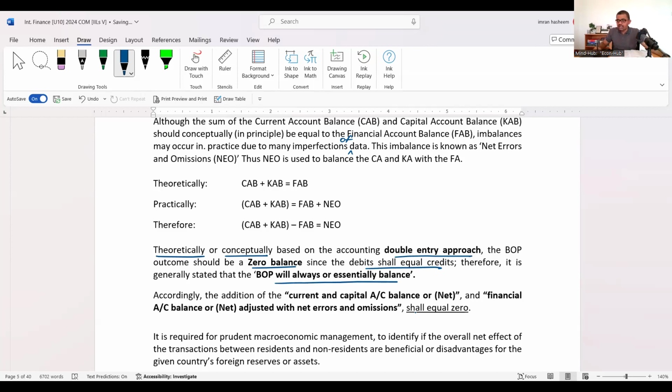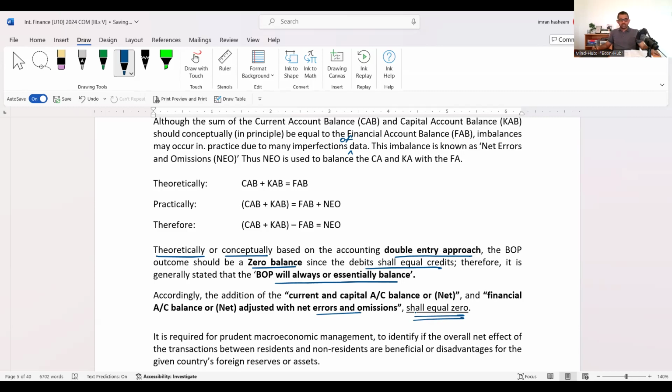Again, accordingly, the addition of the current and capital account balance, the net value, and the financial account balance, the net value, right? So CAB plus KAB, and then if you take the FAB, the outcome should equal, when we adjust it with errors and omissions, of course, the outcome will equal 0.